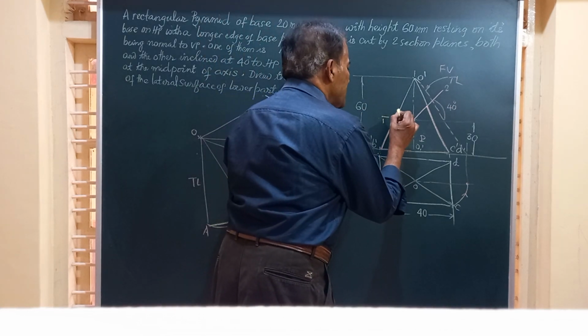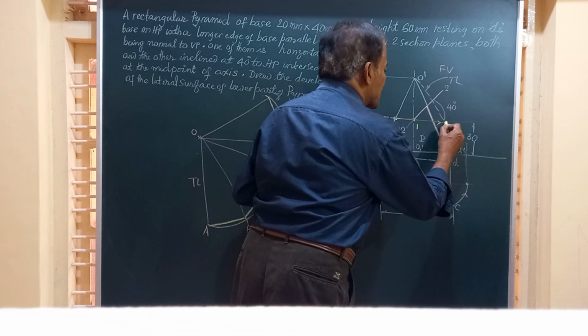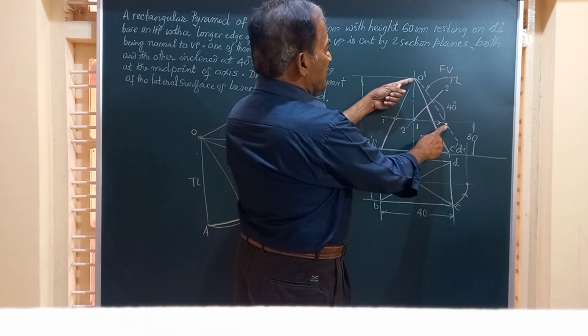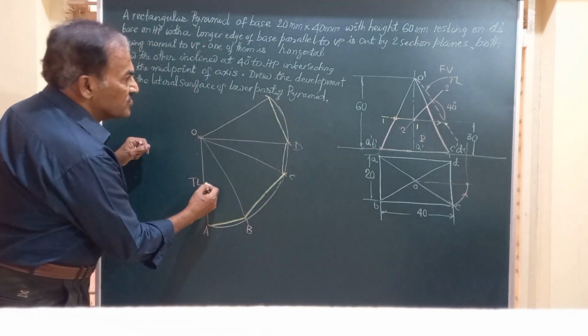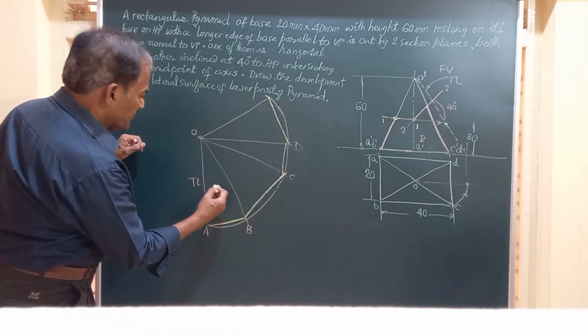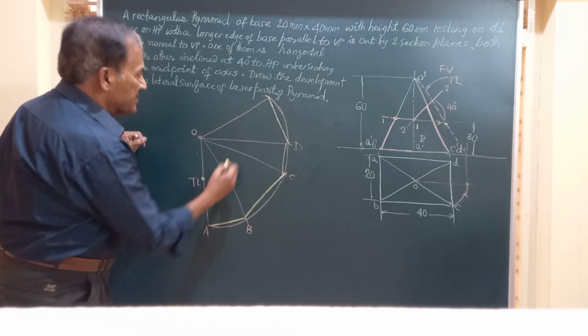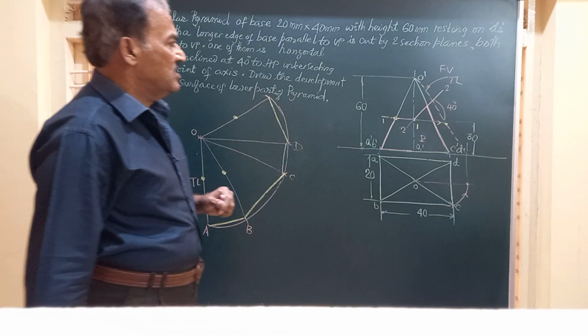Hence, I am going to shift or transfer to the true length line, that is the last line. And I take this measurement on OA and OB in the development. So on OA, on OB at the same height, again on OA. So we have got 3 points here, friends.